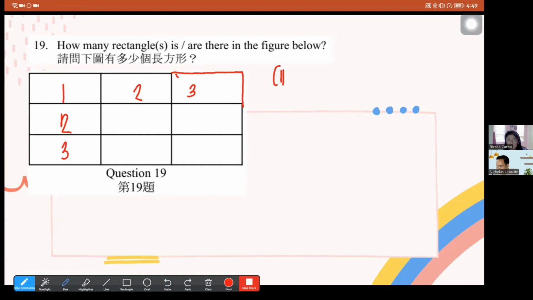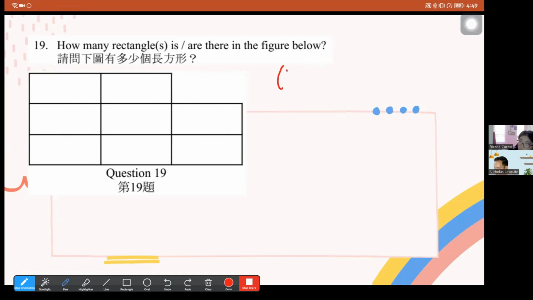1 plus 2 plus 3 times 1 plus 2 plus 3 is 6 times 6, which should be equal to 36. But we are not going to include this one, right? And how many are affected if we're not going to include that one?